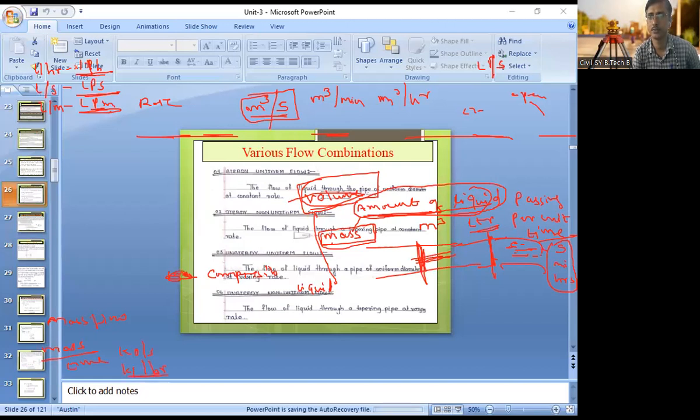And this mass, in terms of density, can be written as rho into Q. This mass flow rate is nothing but rho into Q. Rho is in kg per cubic meter, and the discharge is meter cube per second. So something is missing here. We will see it one by one, so that you will not get confused. I will clear it.